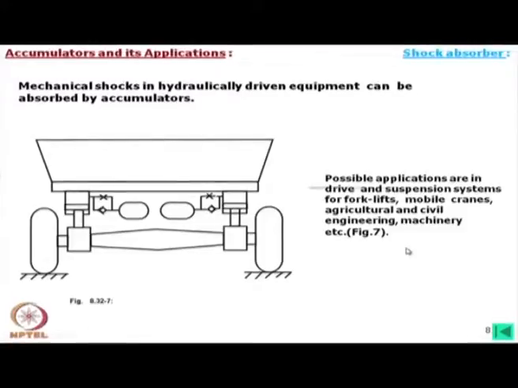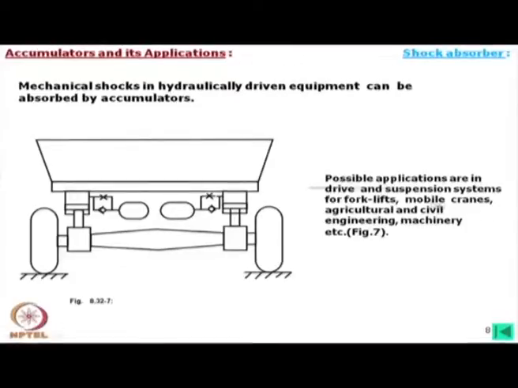So, it acts as something like a hydraulic spring. Okay. So, instead of a mechanical spring, one accumulator, or along with a mechanical spring, an accumulator and a damper will give better vibration reduction than without an accumulator.